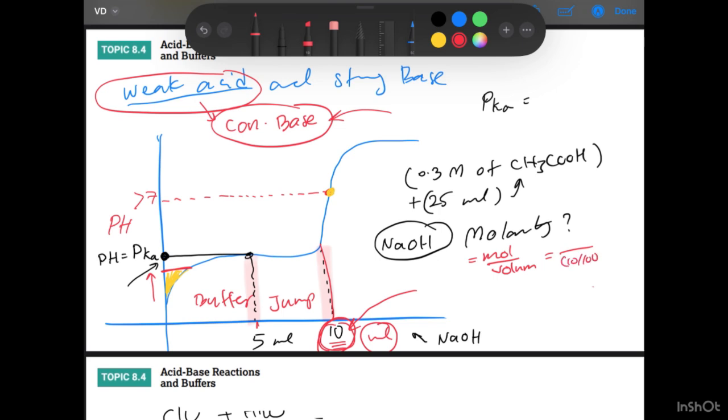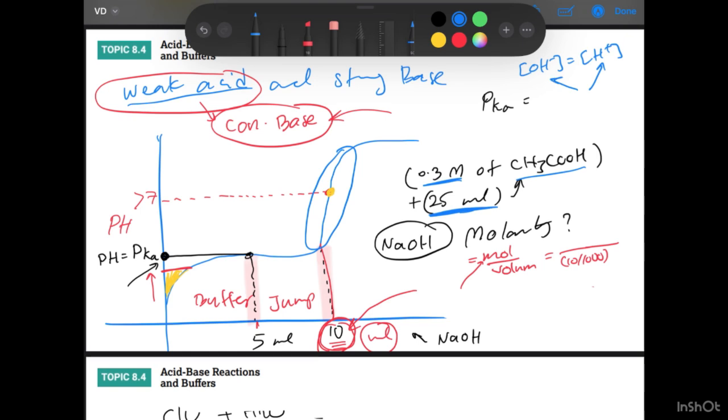But you'll ask me, how can I calculate the moles? Just keep in mind, as we have a vertical line in here, it tells you that the moles of OH will be the same as the moles of H positive. And since we're given the number of liters of the acid in addition to their concentration, I can calculate their moles, because the moles of H positive are the same as the moles of OH negative.